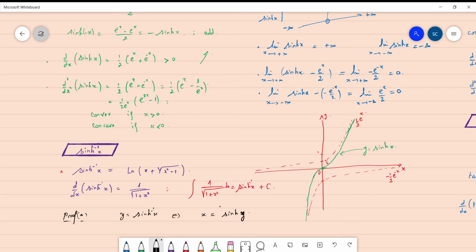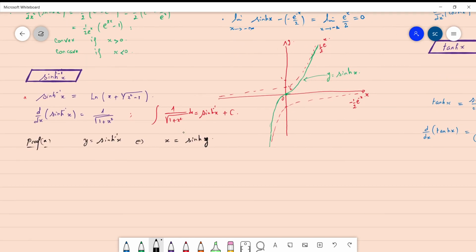Sine hyperbolic of y, we know the formula, by definition it's 1 over 2 of e to the y minus e to the minus y, from which we deduce that 2x equals e to the y minus 1 over e to the y, which gives us e to the 2y minus 2x e to the y minus 1 equals 0.